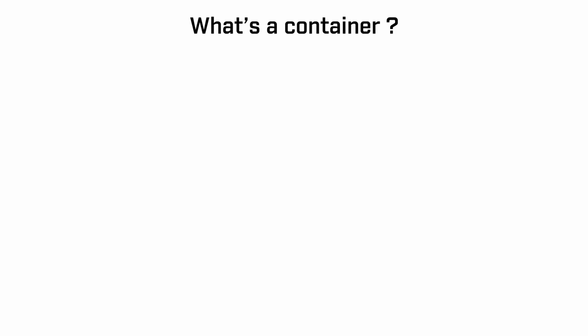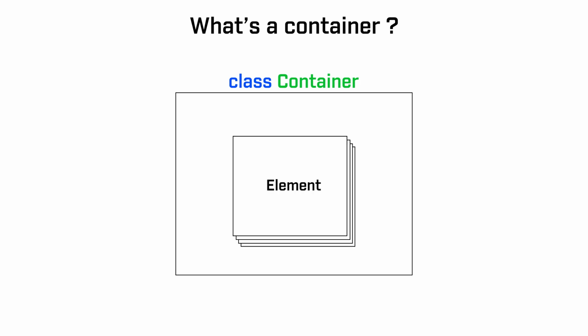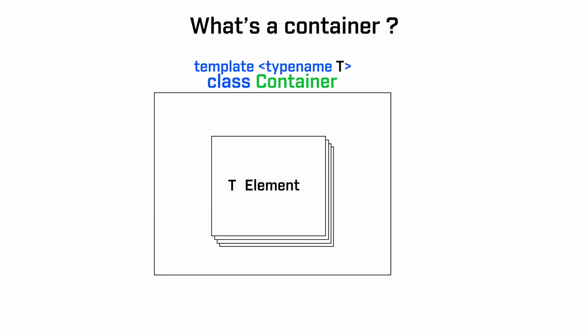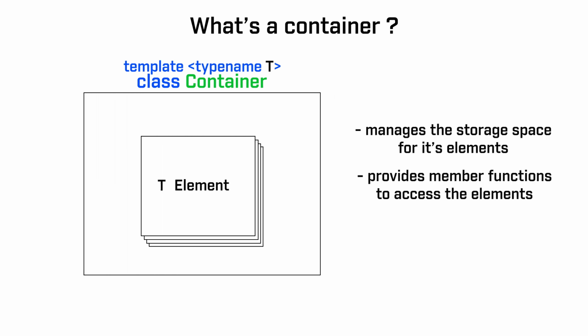What is a container? A container is actually a holder object that stores a collection of other objects, the elements. They are implemented as class templates, which allows great flexibility in the types supported as elements. The container manages the storage space for its elements and provides member functions to access them either directly or through iterators, which are actually reference objects with similar properties to pointers.